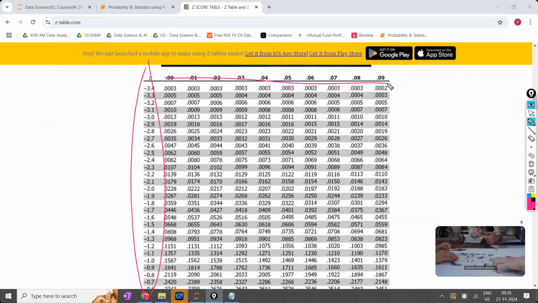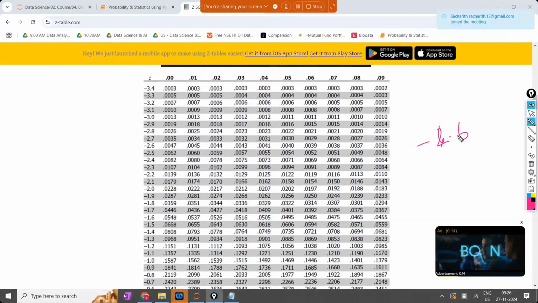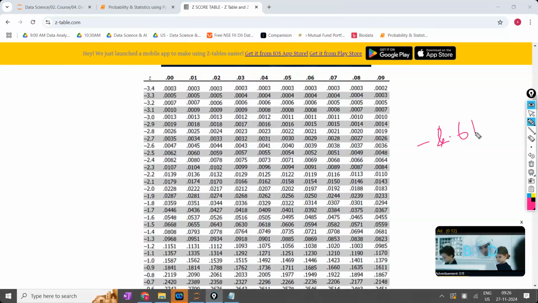Let's take an example. I want for minus 2.61. This is the requirement: for minus 2.61, what is the value of P? Can you see minus 2.6, up to 1 decimal, here? In this line, you have to observe up to 1 decimal.